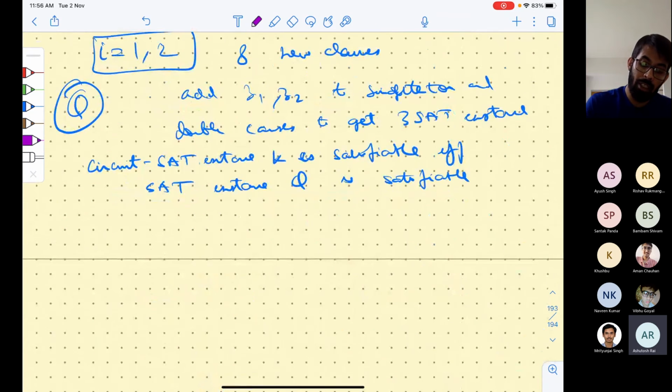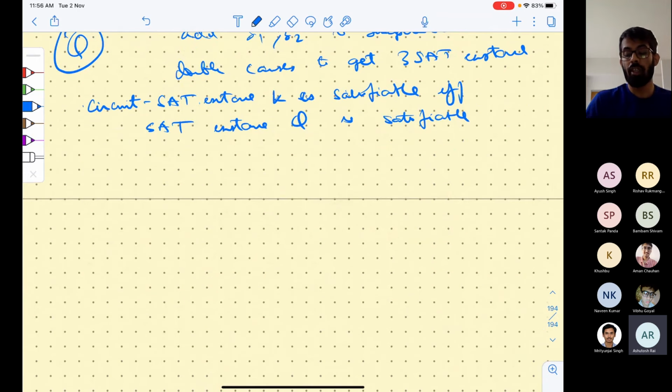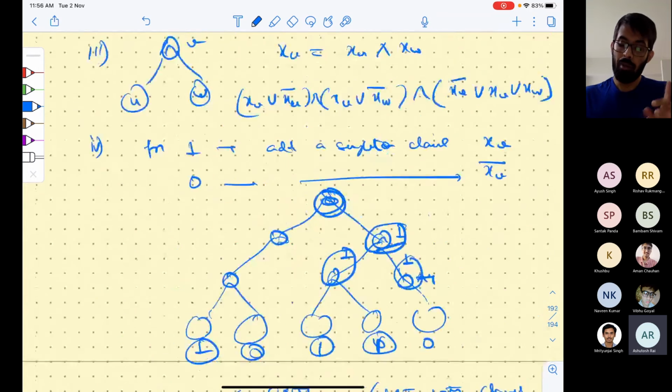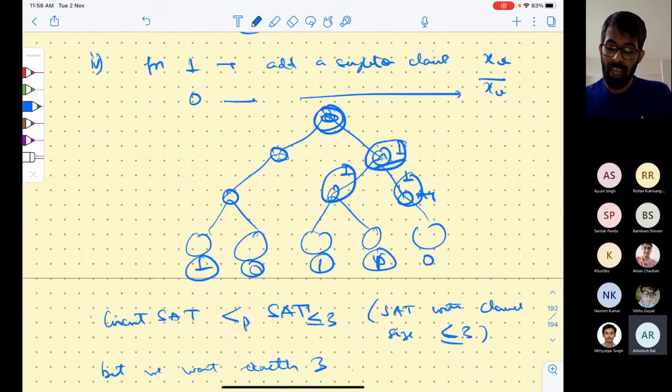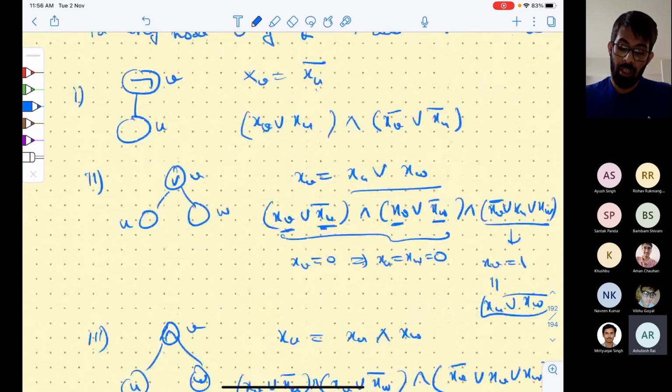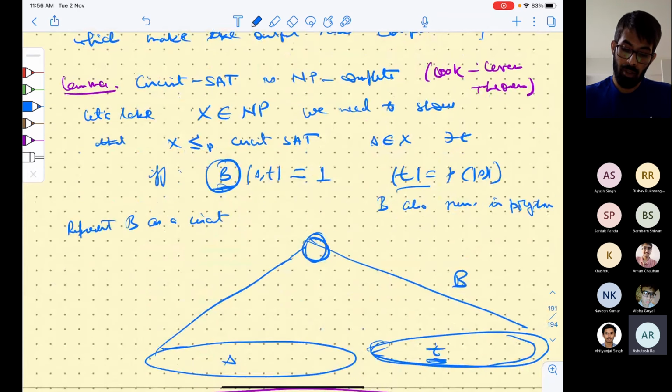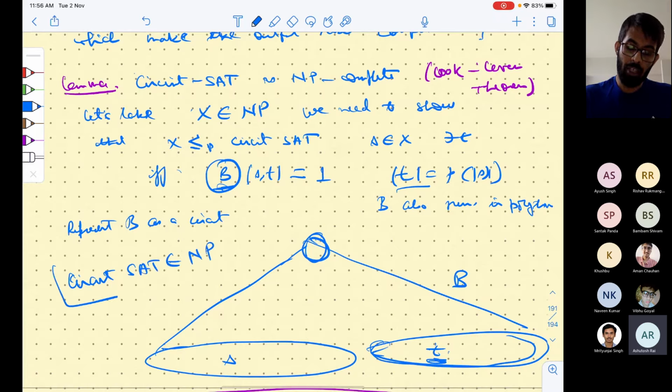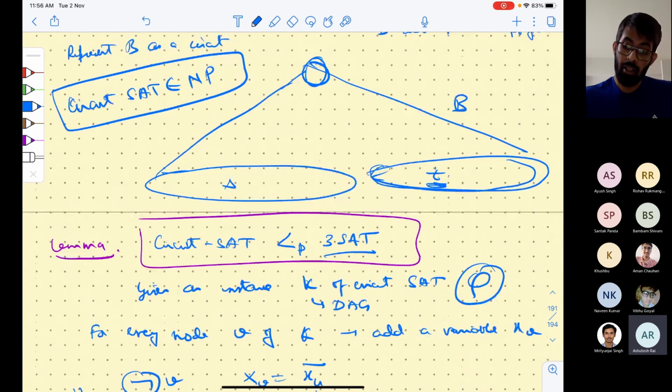But then, this is very nice because now we know that circuit SAT was NP complete. Oh, but we did not show that circuit SAT was in NP, but that is not very hard to see. What can be the certificate for circuit SAT? What can be the string T?